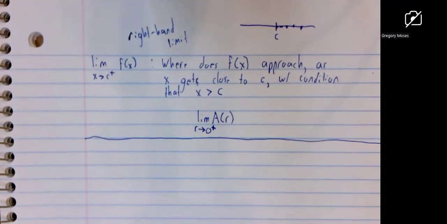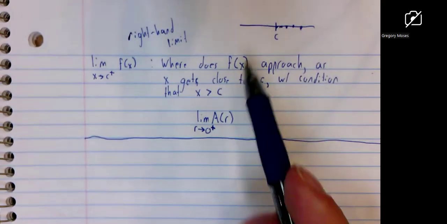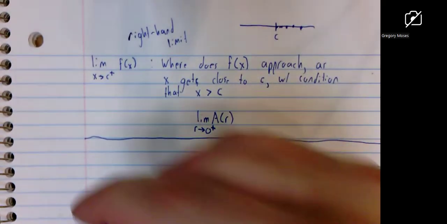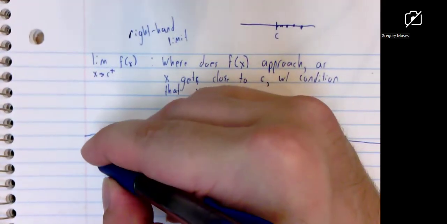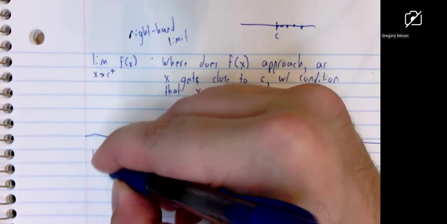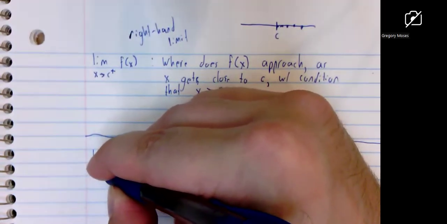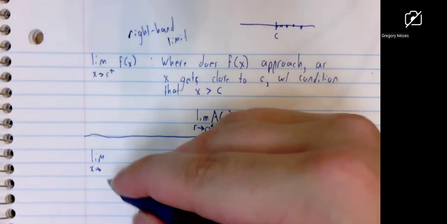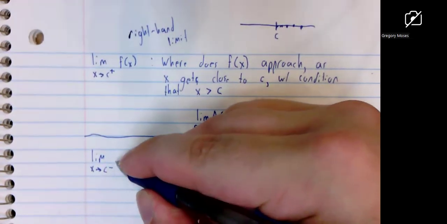And this notion generalizes to the left pretty naturally. We can look at the limit as x approaches c from the left.